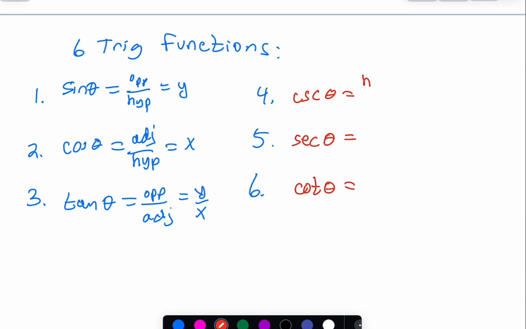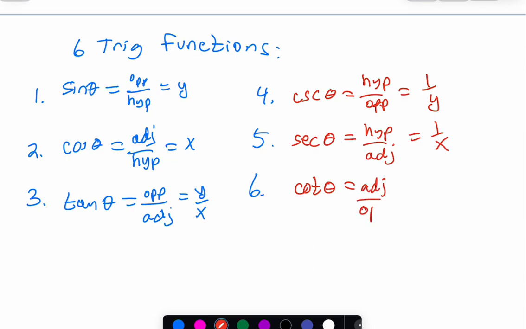Cosecant then is hypotenuse over opposite, or the reciprocal of y. So you can just put 1 over y. Secant is hypotenuse over adjacent. It is the flip of our cosine, so it's 1 over x. Cotangent is adjacent over opposite, or x over y.